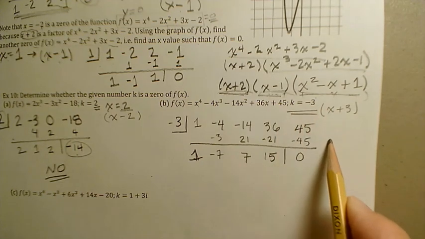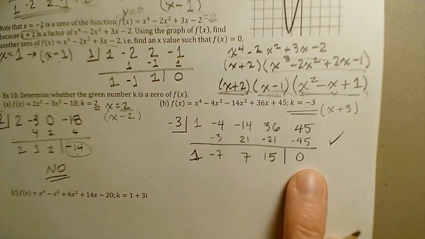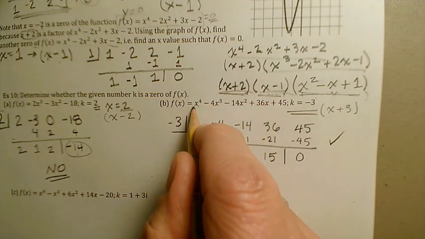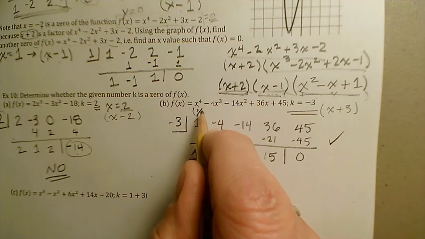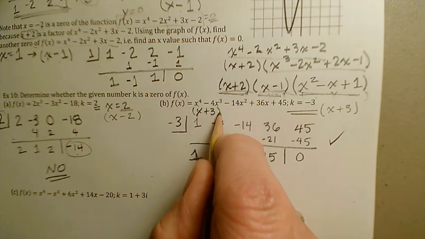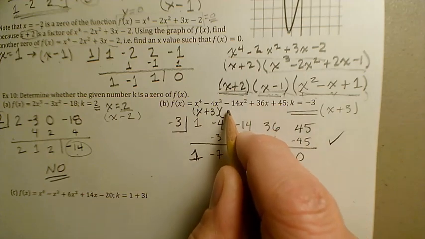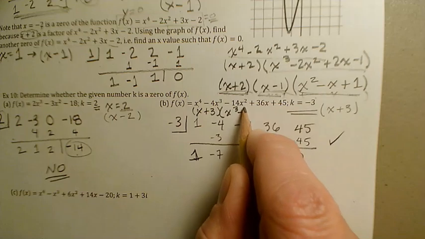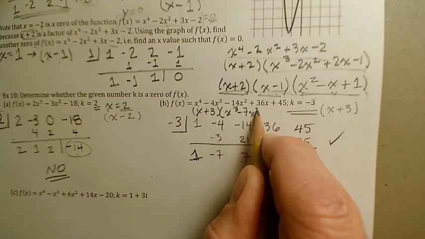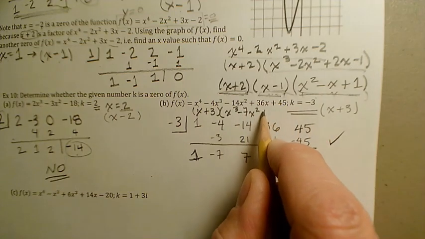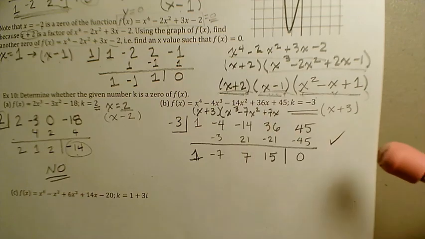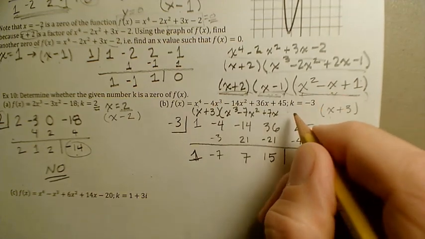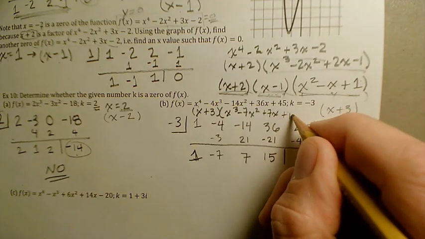So yes, that works. Because of a remainder of 0, we could take this and factor it into x plus 3 times the depressed polynomial. That would be x cubed minus 7x squared plus 7x plus 15.